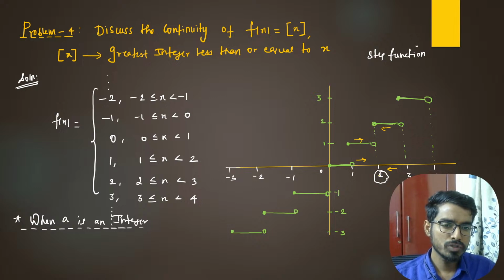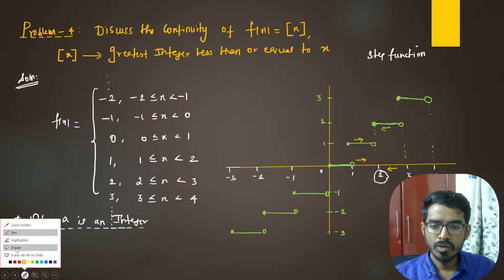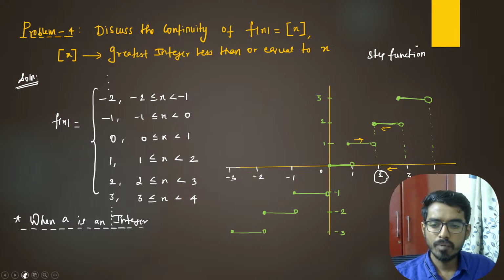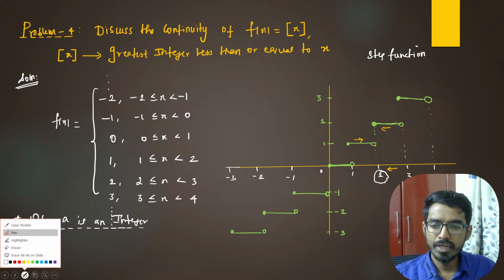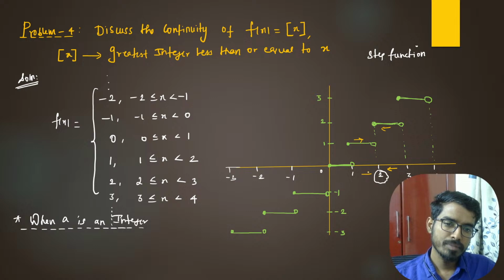So whatever integer you take, I'm just taking 2 for example. At 2, you can see your LHL is 1 and your RHL is 2. And similarly, if I take 4, what is your LHL? LHL is 3.